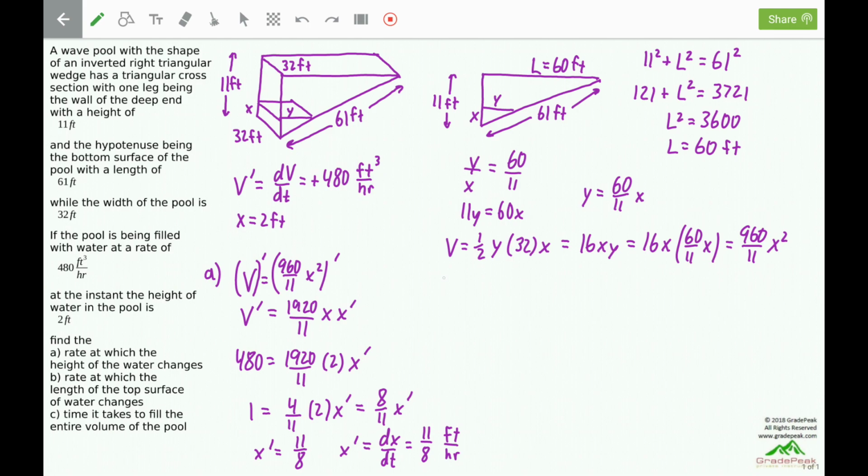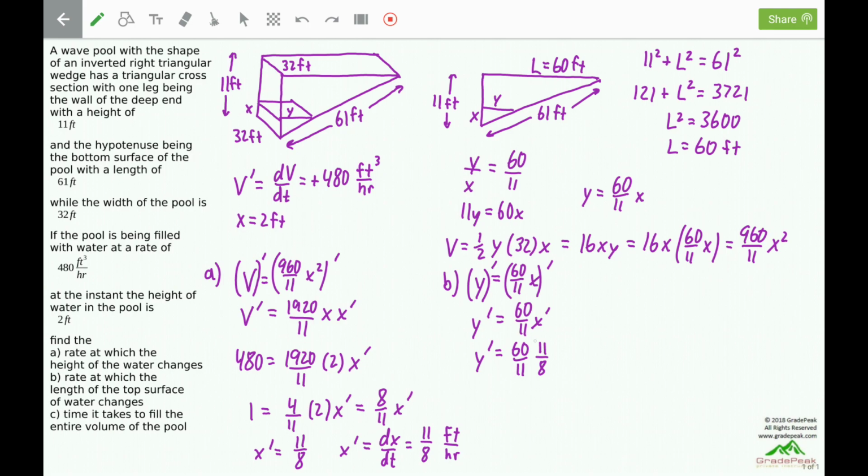For part B, we have that y is 60 over 11 x. We can take the time derivative of both sides of that. And we have that 1 y prime equals 60 over 11 x prime. We can now solve for y prime by plugging in the result of x prime, which was 11 over 8.